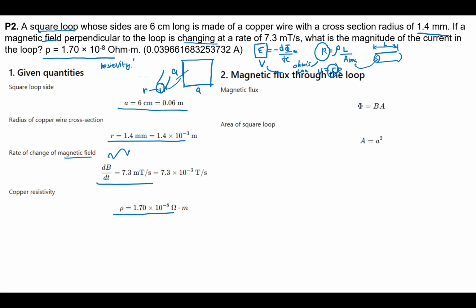So first thing is that we need to find out the magnetic flux through the loop.